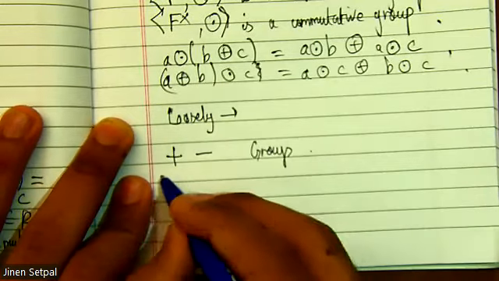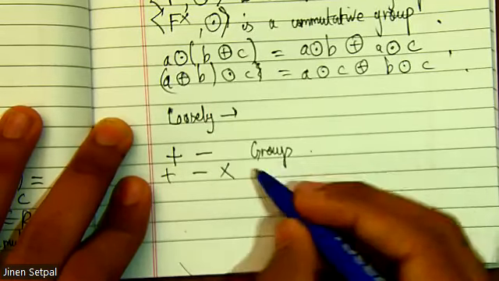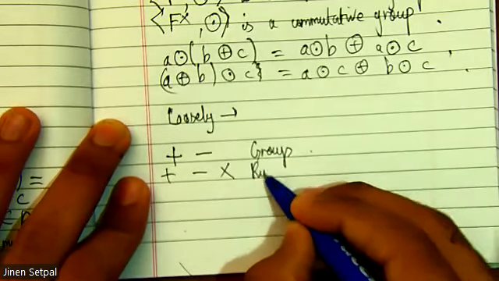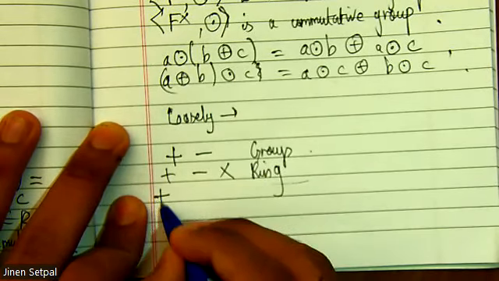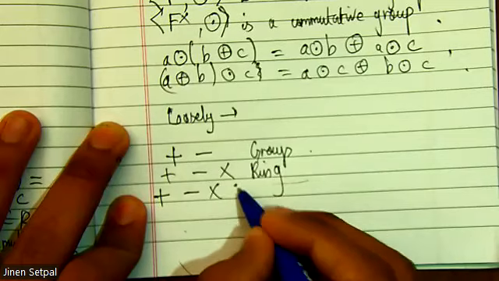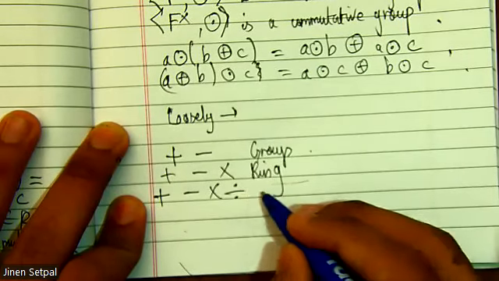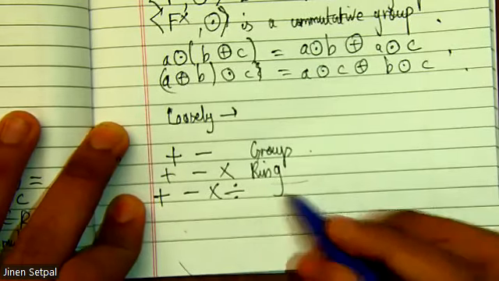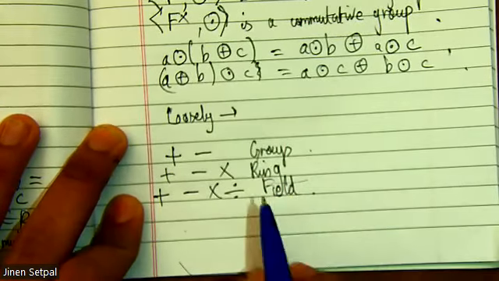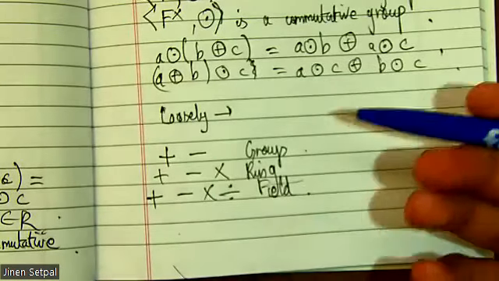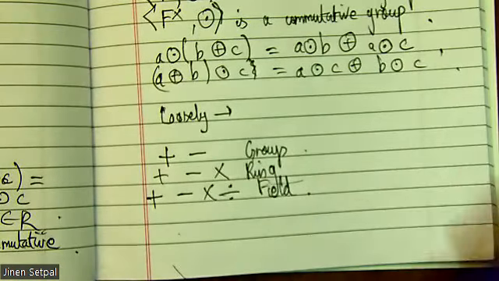And if we can perform multiplicative operations on the collection of objects, we get a ring. And if we extend that even further to include the division or multiplicative inverse operation, we get a field. And that basically is the dichotomy of these algebraic structures.